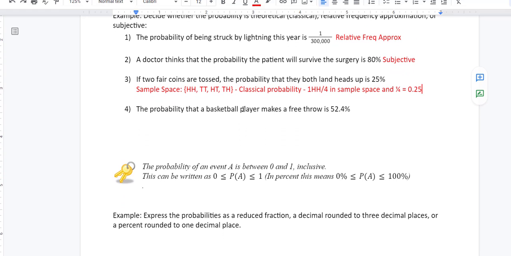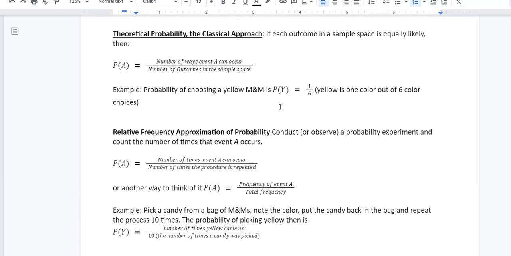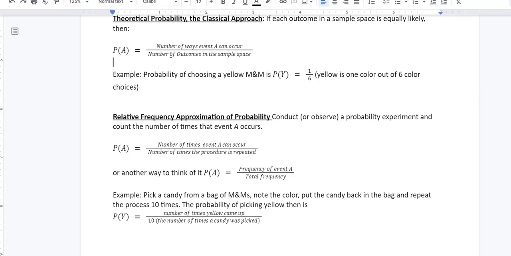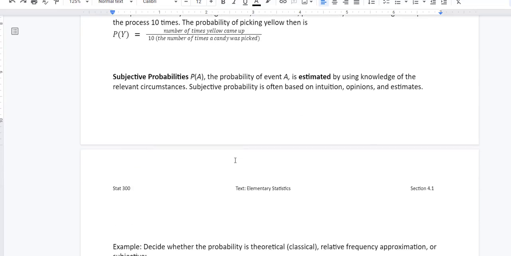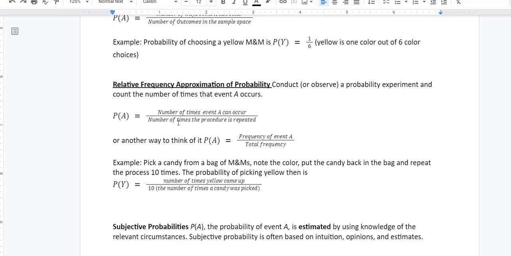Part 4, the probability that a basketball player makes a free throw is 52.4%. Okay, so in this case, the event is making a free throw. So probably not subjective. So let's see. So it's either classical or relative frequency. Now for classical, we will need to have the number of outcomes in the sample space, which we do not have. So we're talking about this basketball player throwing the ball.